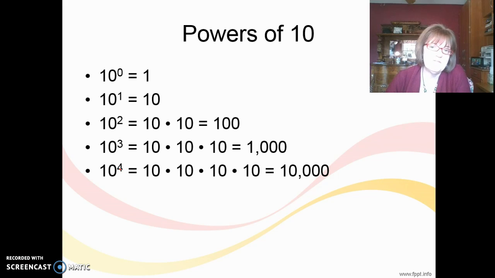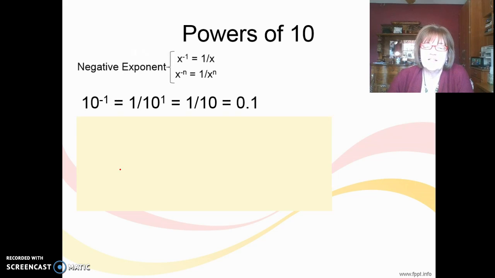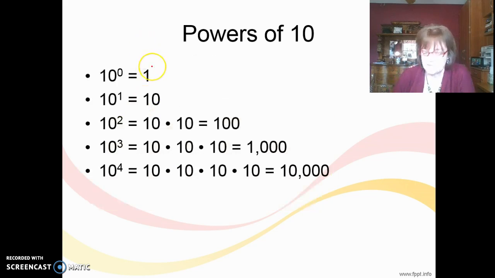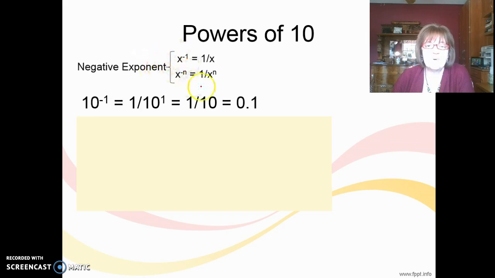So what happens if the exponents are negative? That's where that negative exponent rule comes into play. We're flipping it and putting it in the bottom of our fraction as the denominator. So here's 10 to the negative 1.